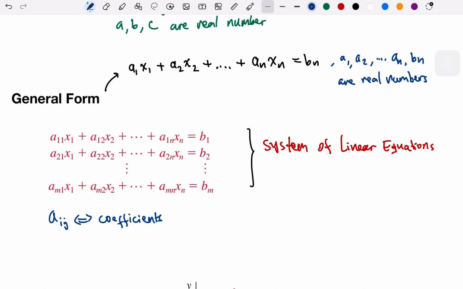So we are stacking up our linear equations as a system like in a matrix. We are not there yet, but we are going to. We still have our variables x1, x2 until xn, and b1, b2, bn, which are the constants. All the numbers in the coefficients are denoted by row and column.